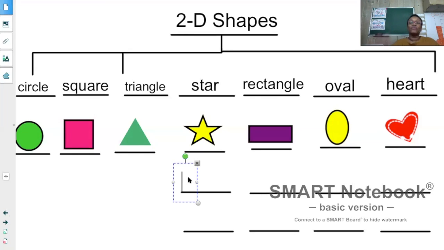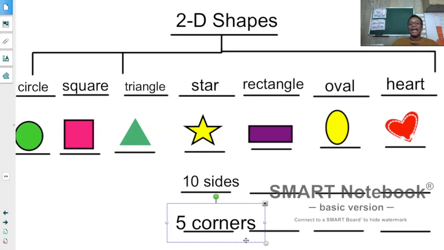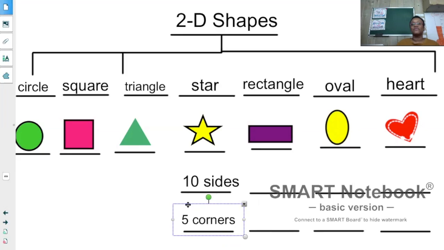So we know that on a 5-pointed star, there were 10 sides. And 5 corners. So we're going to add those 2 pieces of information to our tree map.